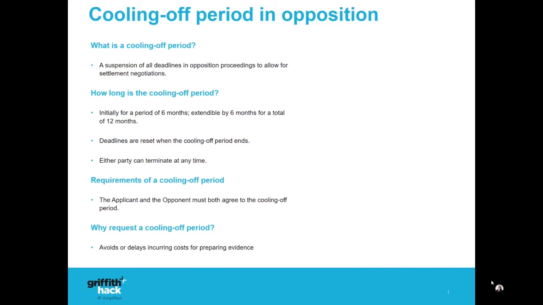The parties are actually actively involved in negotiations. And if the parties are actively involved, we've had cases where suspension has been granted for 2 or 3 or even 4 years. Sometimes the negotiations are complex and it just simply takes that long for the parties to reach an agreement. But as I say, as long as you're making progress and you can demonstrate that progress, the Trademarks Office will grant the suspension.